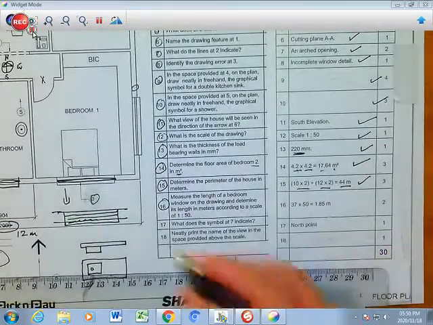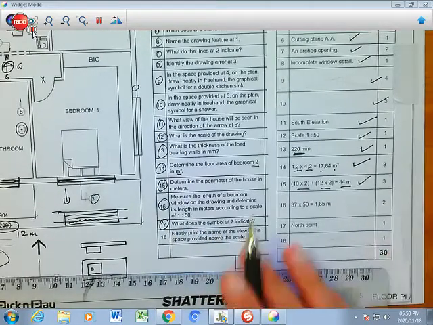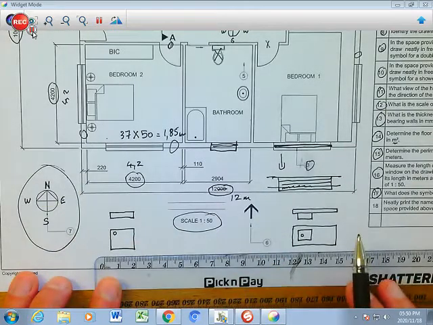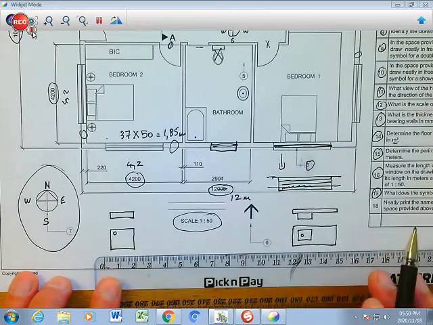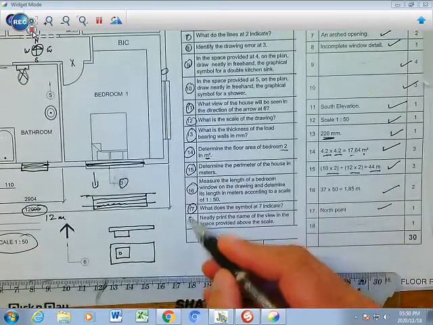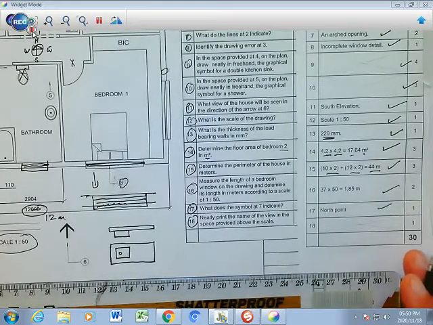Number 17. What does the symbol at 7 indicate? We looked at it earlier on, that there is your north point, your north direction or north point, which is that answer there. And then your final answer, number 18, neatly print the name of the view in the space provided above the scale.